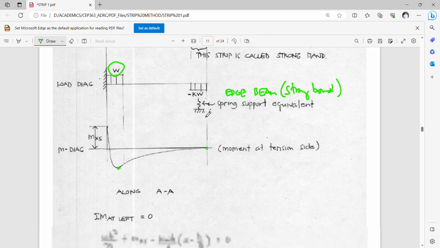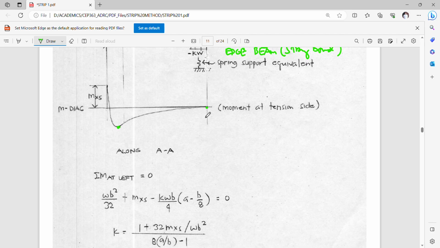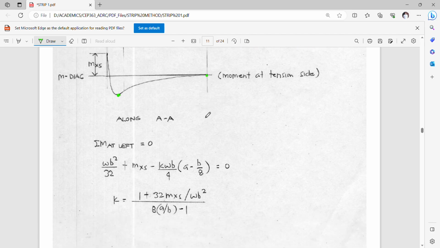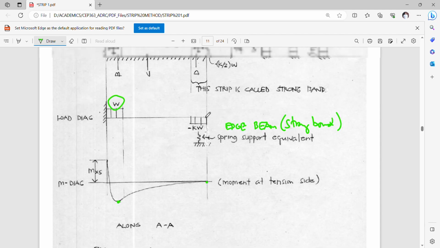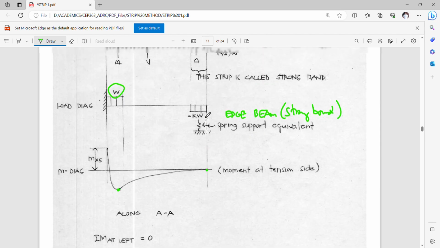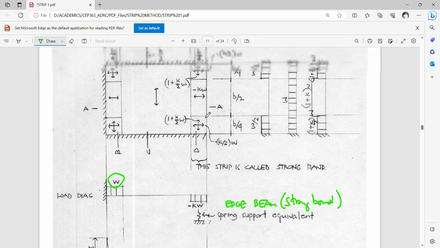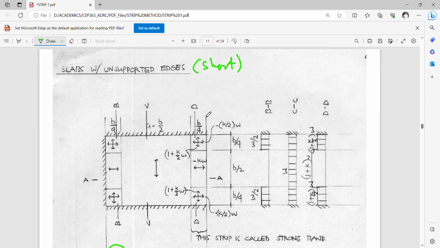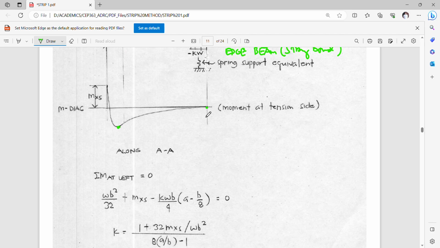So taking moments at left, so this is now my formula. So your WB squared all over 32, which is basically this one, plus MXS.